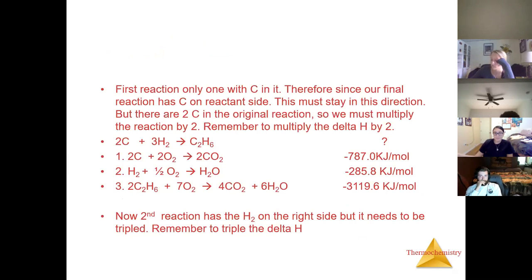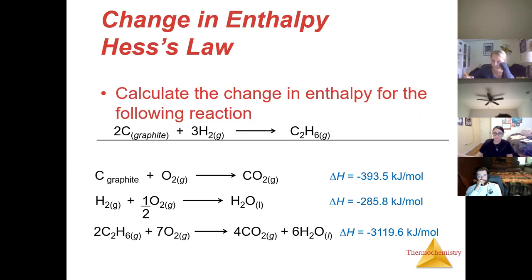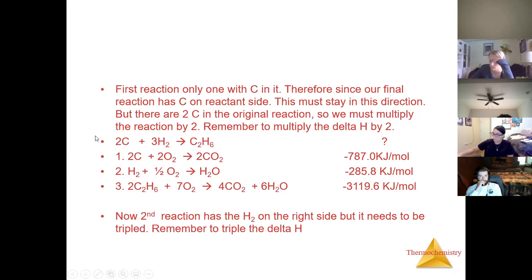What about the H2, Araceli? It's the same one. What I've done is the change you told me: multiply the first reaction by 2. I did that here. Now, this is still the overall reaction.